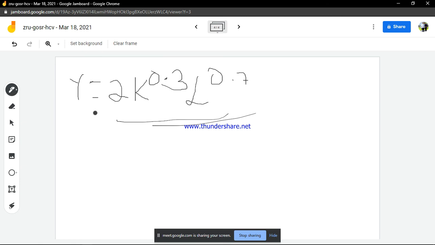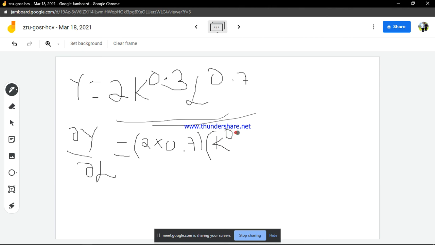So now let's try to differentiate this since we have numbers now. So I will say the change in Y with respect to the change in labor will be, so now I'll have my 0.7 because the exponent of labor is 0.7. So I'll say 0.7 times 2, which means I'll have 2 times 0.7 multiplying by my capital raised to the power 0.3.